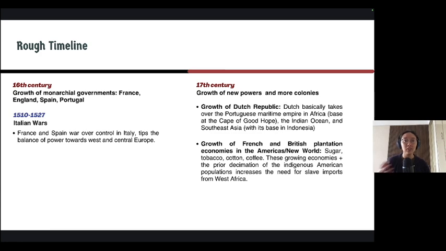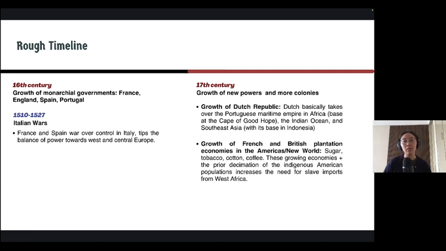So, may transition na nagaganap dito. If the initial empires were Spain and Portugal, by the 17th century, that balance is starting to shift in favor of the Dutch Republic over the Portuguese. And the French and British also begin to assert their, not even authority, their strength in the colonial world.